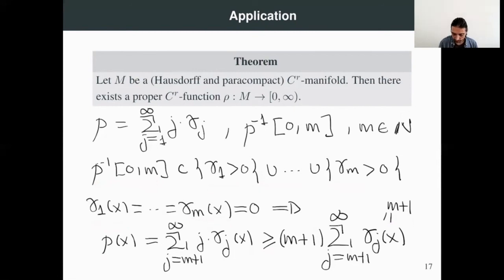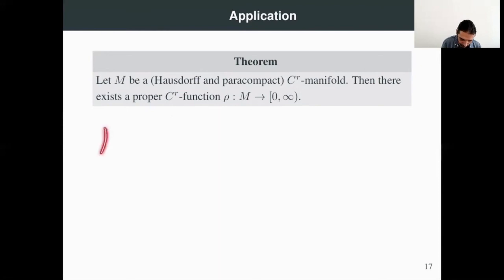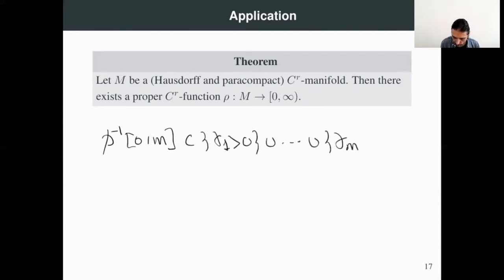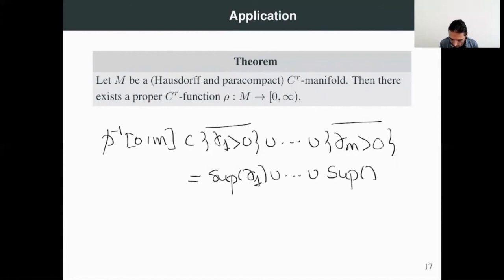And now, let's write down such property: it is contained in the union of the closures. But that says the support. So it is contained, but indeed this is equal to the support of gamma 1, union the support of gamma 2, till the support of gamma m.